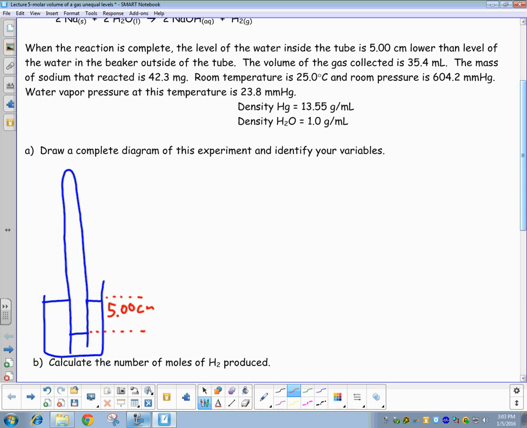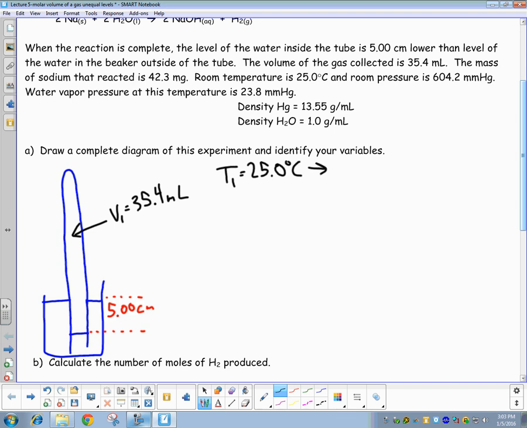The second part of problem A says to identify our variables. The first variable that we will pull from the problem listed above is the volume of our gas at room temperature and pressure. We're going to label that as V sub 1 or V1, and we're going to write that as 35.4 milliliters. Next thing is our room temperature, which we will label T1, is 25.0 degrees Celsius.